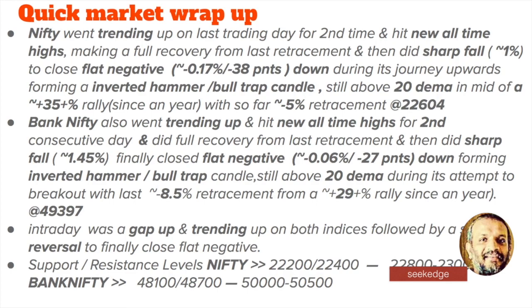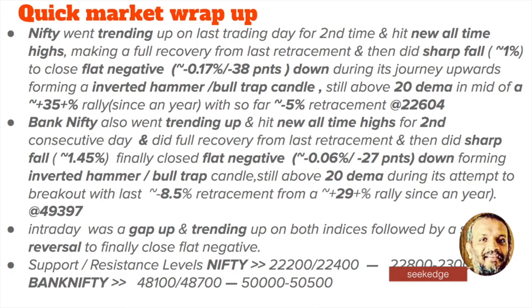Banknifty was also trending up, but it went very strong, and it hit new all-time highs. That was for the second day, and it went almost kissing distance to 50,000, from 49,000 something.